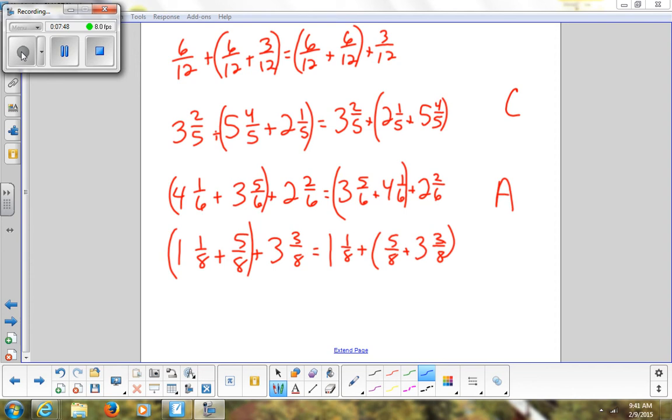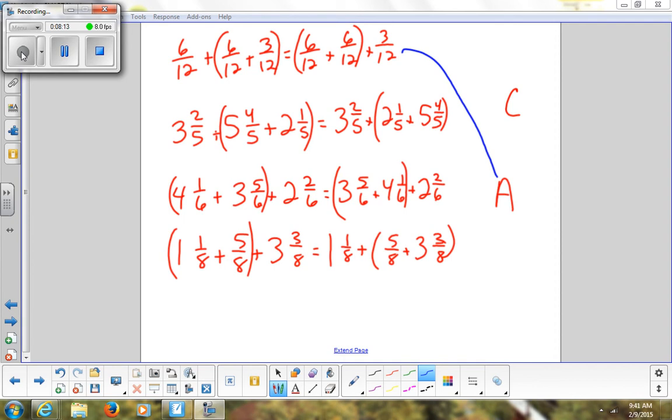Okay, so commutative tells me that if I switch things around, right? Is that the same order as 6, 12, 6, 12, 3, 12? I have 6, 6, 3, 6, 6, 3. So that is associative. That's why I said take a look at the order of the numbers.